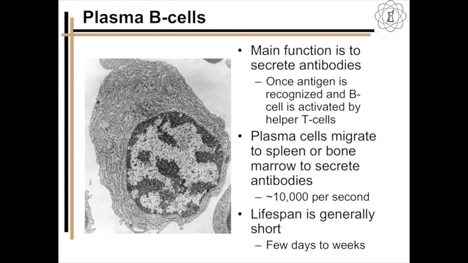So when we talk about an immune system, we want it to work really, really well when we need it. But when we don't need it, we want it to turn off, because having all this stuff circulating around potentially is going to cause some level of damage to our self cells, the stuff that's supposed to be there. So the plasma B cells turn on, work for a while, and then basically turn off.